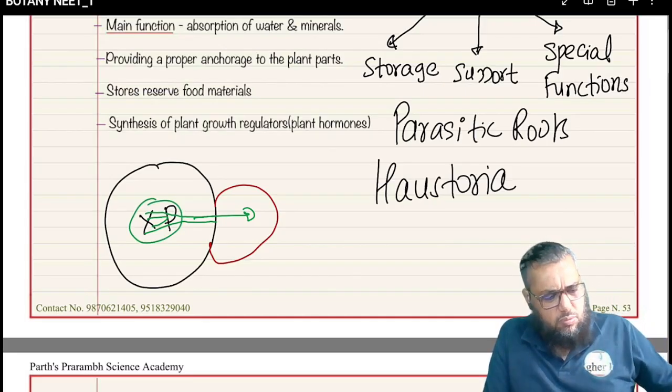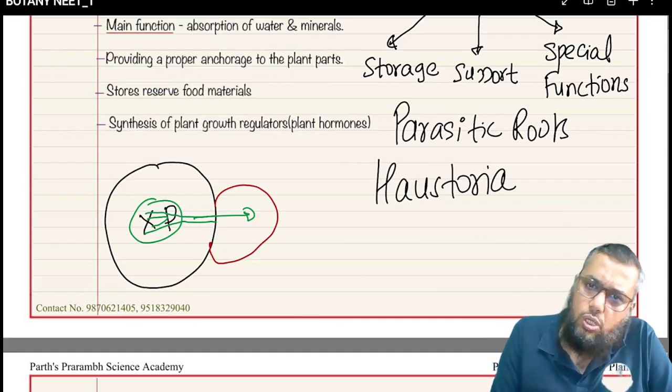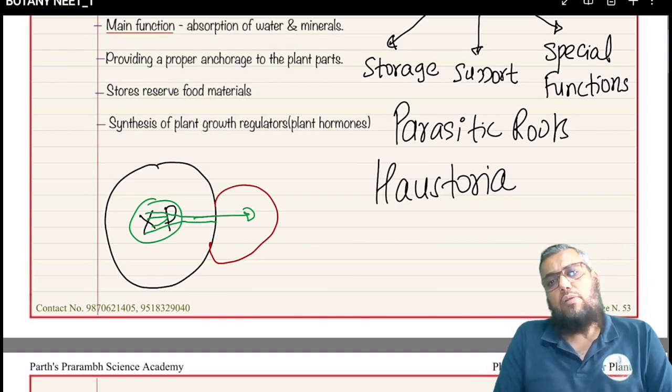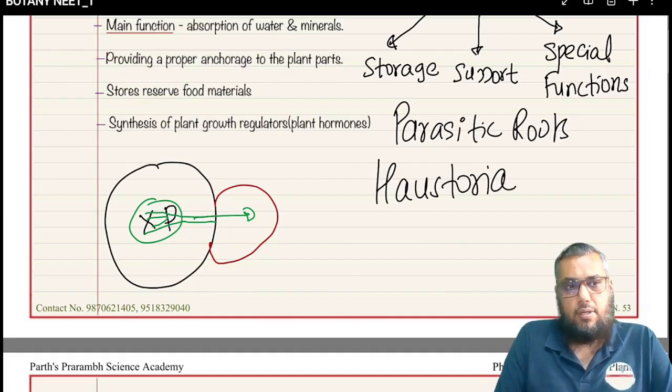कुछ कुछ पार्शियल पैरासाइट्स भी होते हैं जहाँ पे हॉस्टोरिया only reach the xylem, वो लोग खुद का खाना बना लेते, but they are dependent only for water. विस्कम अल्बम नाम का एक पेड़ है which is a partial parasite. It is dependent only for water, not for food.